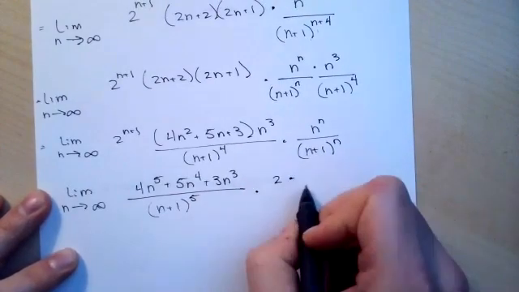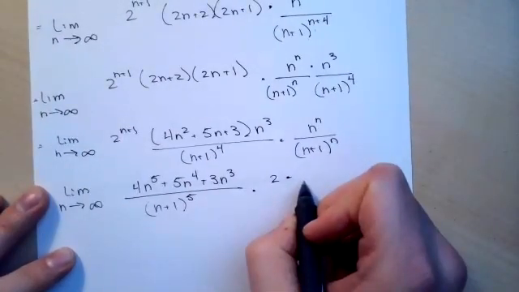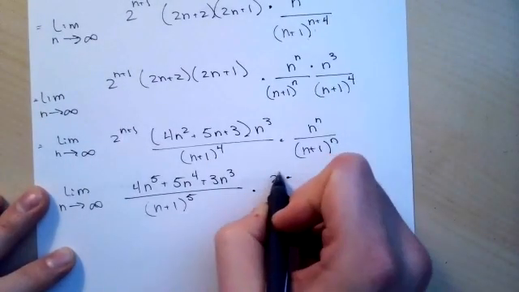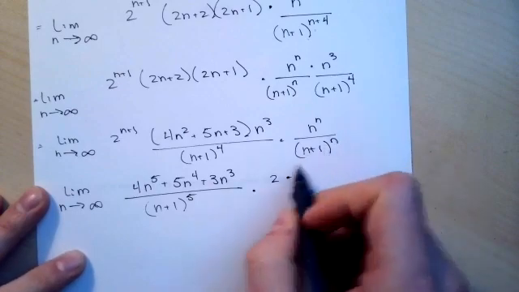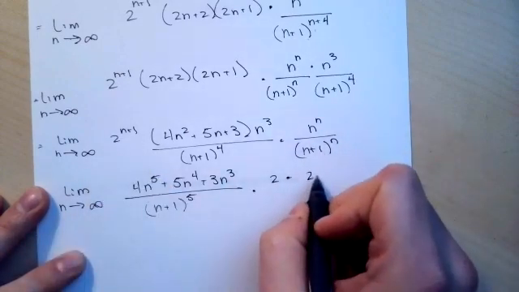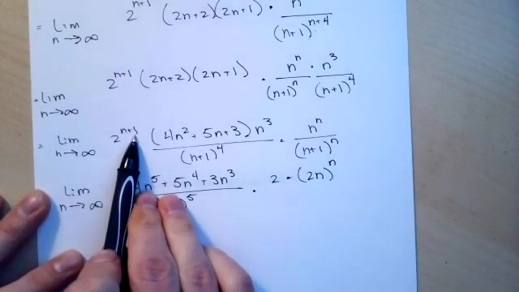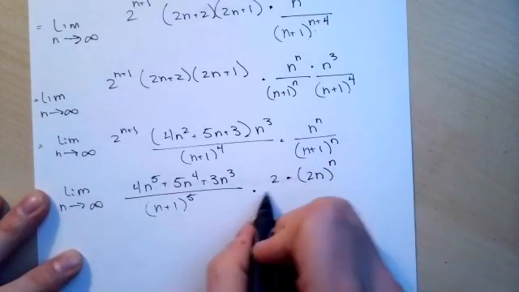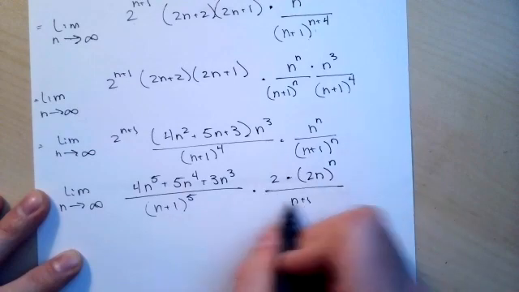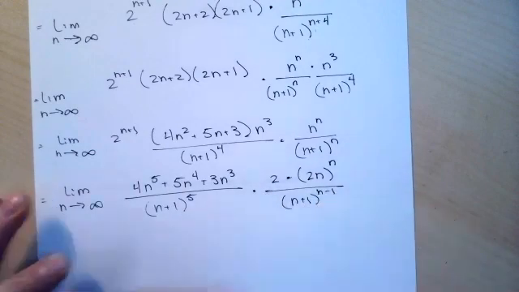So it's 2 times, if we pull out one factor of 2, this is going to be 2n, quantity to the n, over n plus 1, now to the n minus 1.